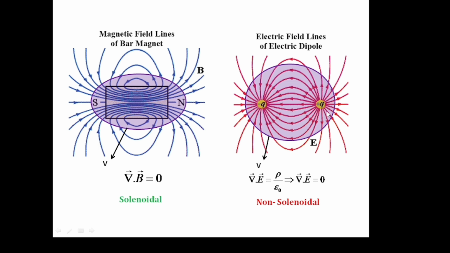And if there is only plus q, then the divergence will be positive divergence. But when we consider an electric dipole, then if we consider this volume, del dot E is equal to 0. But when del dot E is positive, that means rho is a positive value, then del dot E is equal to rho by epsilon 0. That is why the E vector is called a non-solenoidal vector. That means depending on the case, it can be 0 or positive or negative.